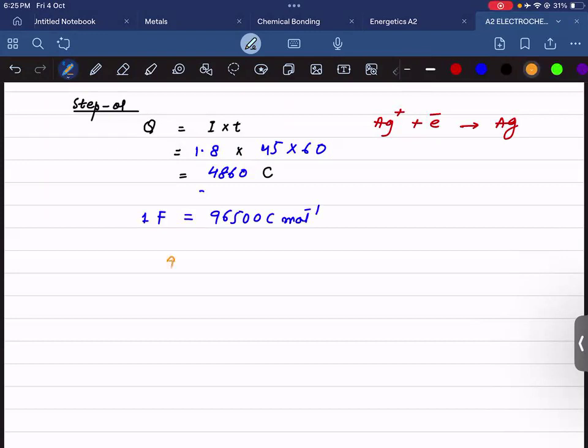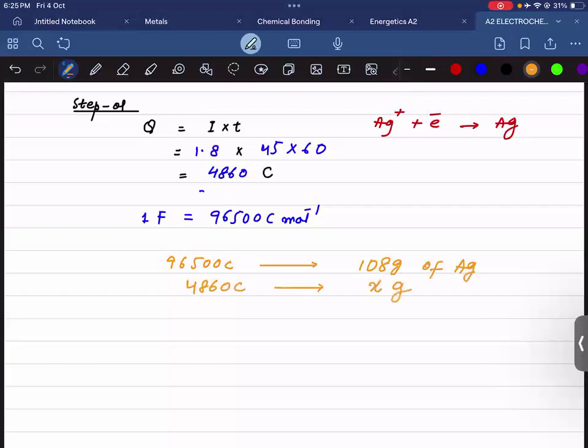Okay, so 96500 coulombs are needed to deposit 1 mole of Ag. And one mole of Ag is equal to 108 grams of Ag. If I have this much charge, what would be the mass?